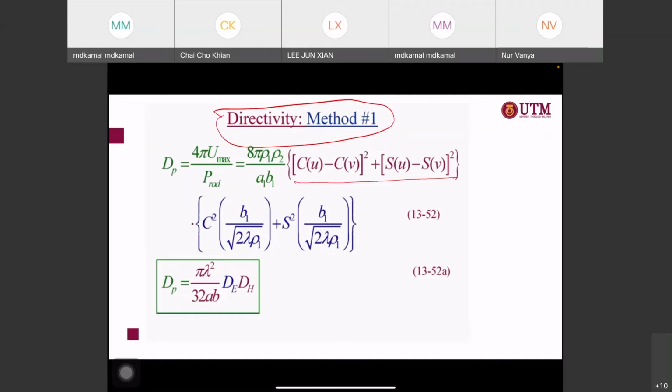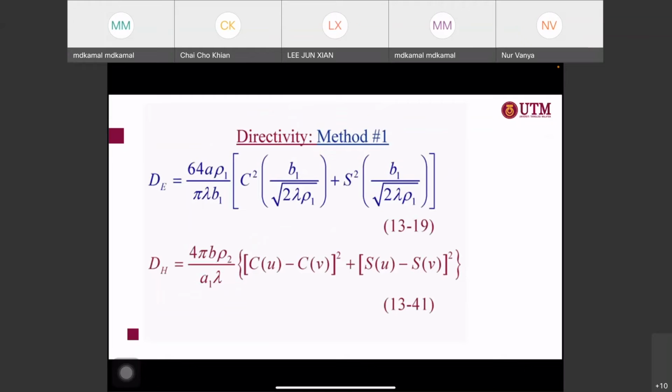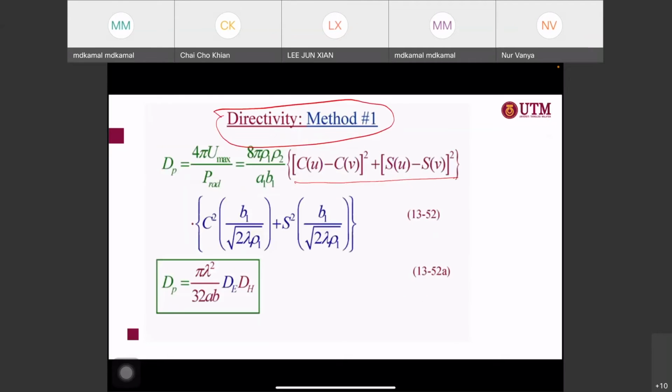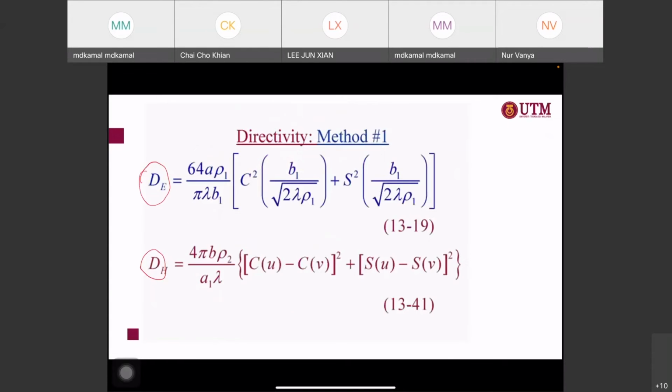The directivity of the horn antenna can be found from this equation: pi lambda squared over 32 multiplied by AB, DE, DH. DE is the directivity for the E plane and DH is the directivity for the H plane. You put DE and DH into these equations. This is one of the methods to find the directivity of your horn antenna.